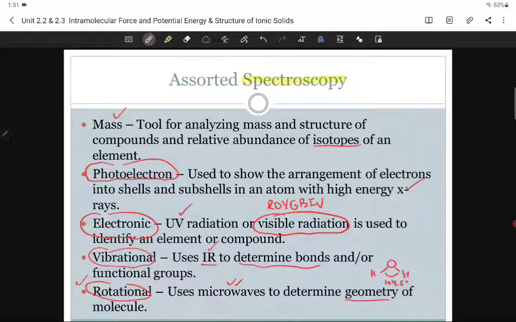If you wanted to figure out something else about a compound, you might need more energy. If you wanted to get rid of electrons out of an atom, it's going to take a tremendous amount of energy, photoelectron spectroscopy. And then this is even requiring more, and we don't even get into the type of energies associated with that. Okay.